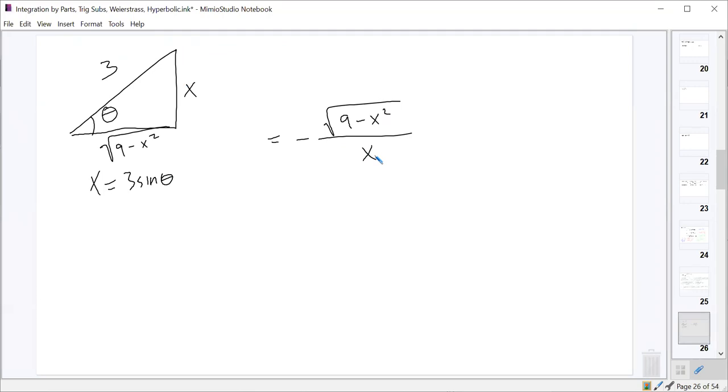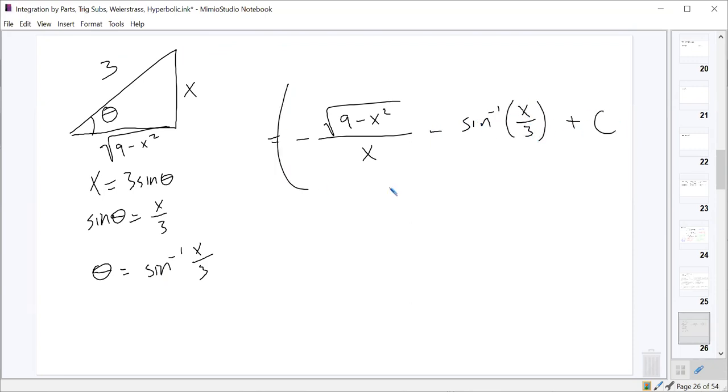And then minus theta. Well, what's theta in terms of x? Sine theta ought to be x over 3, so theta ought to be inverse sine x over 3. So we have negative √9 minus x squared over x minus the inverse sine of x over 3 plus our constant.